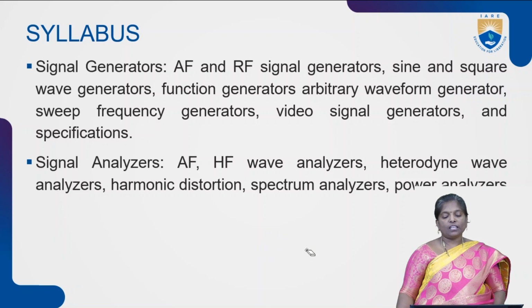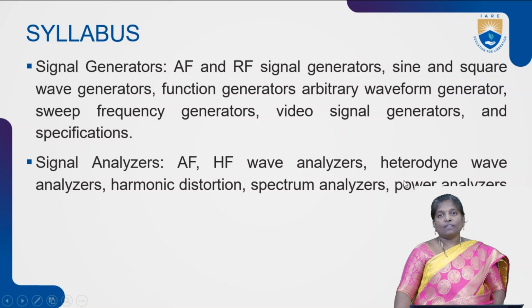So in the signal analyzer we will discuss different types of signal analyzers. In signal generators we will discuss different types of signal generators, and how these signal generators generate the signals.